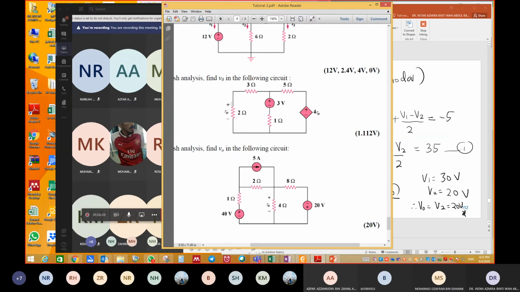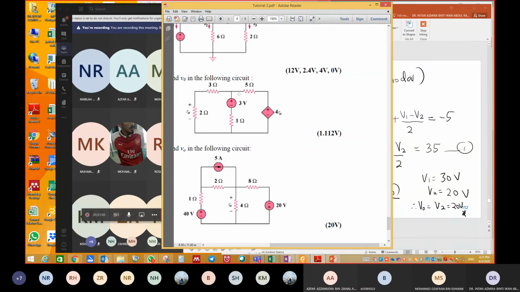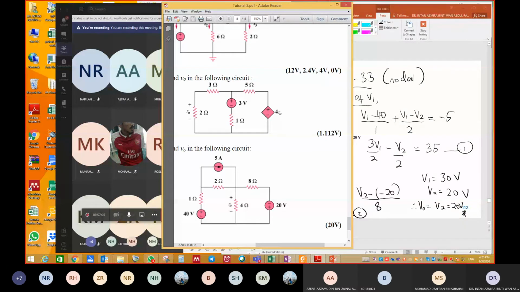If you want to find V0, it is equal to 2 divided by 2 plus 3 times V1. V1 is the supply voltage in this case. So now, using nodal analysis, find V0. You have to apply nodal analysis to find V1 here and then find V0 by using the voltage divider principle. Try it now.